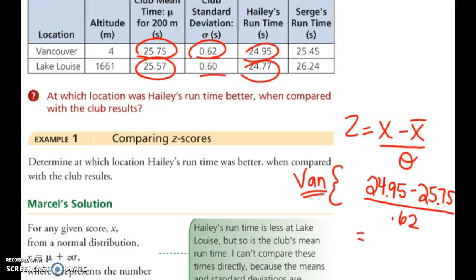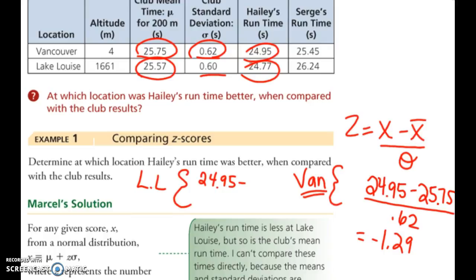Okay, so if you go 24.95, subtract 25.75, divided by 0.62, you will get negative 1.29. Okay, and so if we were going to do the Lake Louise example, her run time was 24.95.